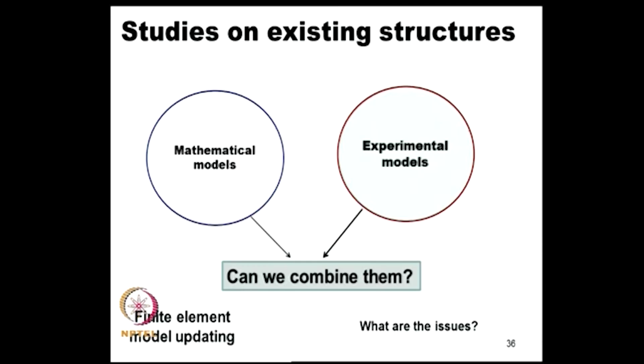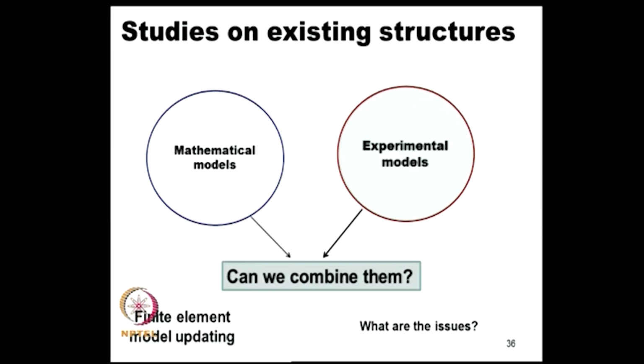That is what we often do when we design structures, and at that time the structure would not have come into existence. But once the structure comes into existence, you have the opportunity to measure the response of the structure, and you get an experimental approach to study the structure as an option.